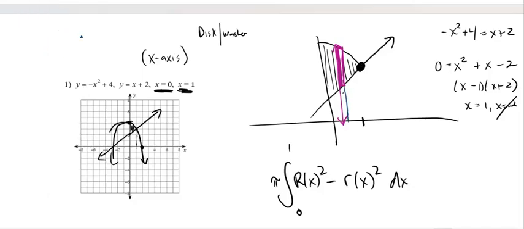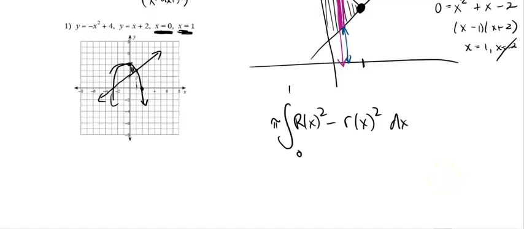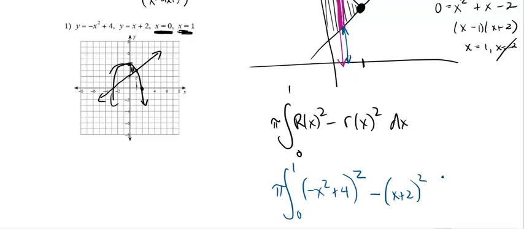It's the distance from your other function down to the x-axis. And then you rotate it around. So that might help. Or you realize, these are going to get more complicated as we go. So big R then would be negative x squared plus 4, squared. That's my quadratic. And little r is my line, which is x plus 2, squared.